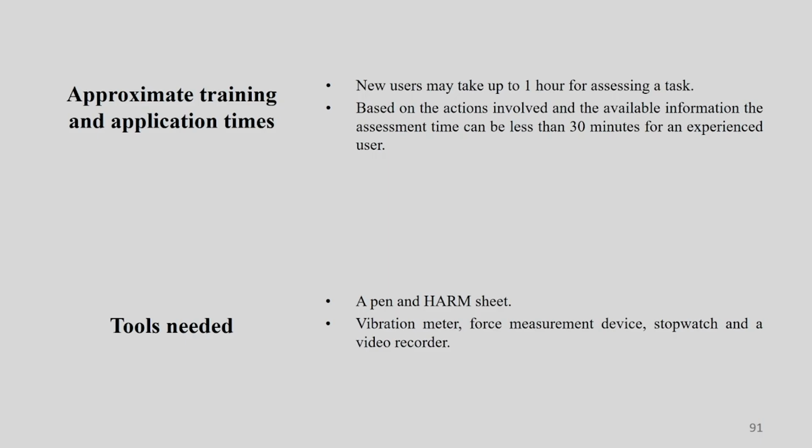A vibration meter, if you want to precisely measure the vibration. A force measurement device to understand the exertion of force. A stopwatch, for the duration of exposure, and a video recorder. With the video recorder you can have a clear picture of when and how it is happening.